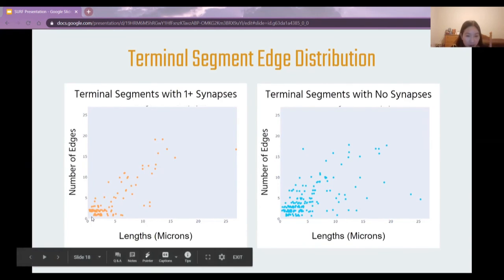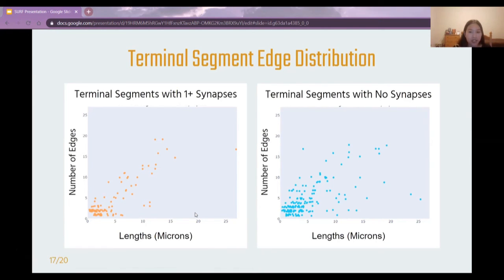So if you see in the bottom left of both graphs, you can see where segments with one edge of this length, which is actually 1 micron, is cut off in both corners. And this is actually intentional because we found, by graphing this in the first iteration, that we had an overrepresentation of terminal segments with 1 synapse of edge length 1, which is kind of a mouthful.